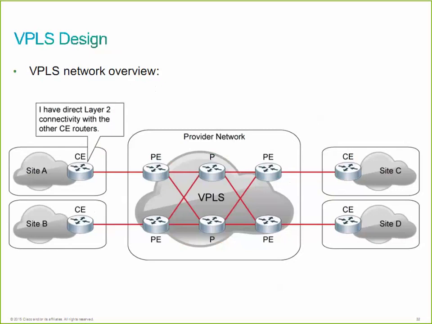The VPLS service that's running emulates that Ethernet switch for every port that's connected to a different customer site. The PE routers are interconnected with a full mesh across the MPLS backbone of the service provider. We do self-learning of the source MAC address to port associations. Frames get forwarded based on destination MAC address, just like a switch.